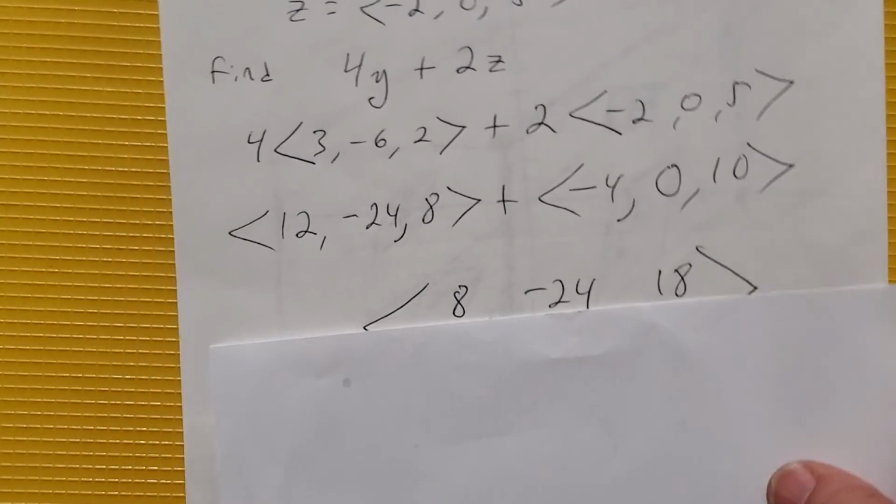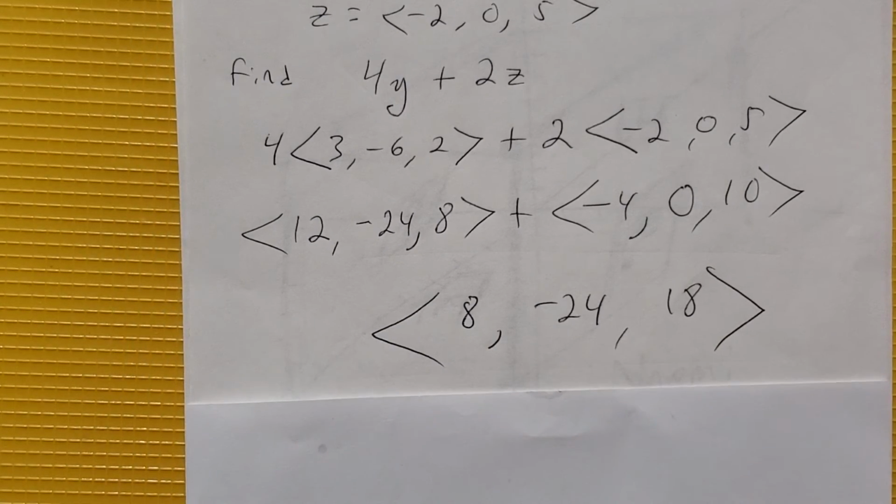And trust me, these are the answers you get. Okay? So, very easy. It's just exactly the way we did two-dimensional with 2 numbers. We just extend the same rules and the same formulas to accommodate a third number, the z number.